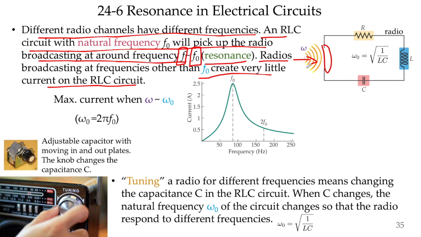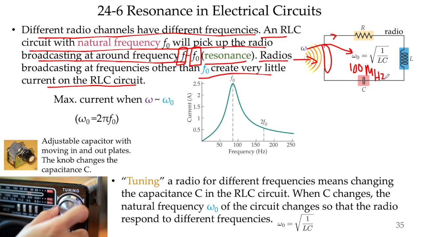Why is that? Well, it will actually pick up all the frequencies, but what is the frequency that will create the most current in the circuit? It's going to be that particular frequency which matches the natural frequency of the circuit. Let's say the circuit frequency is 100 megahertz, FM 100 megahertz.